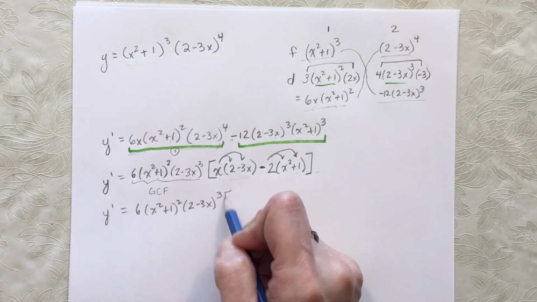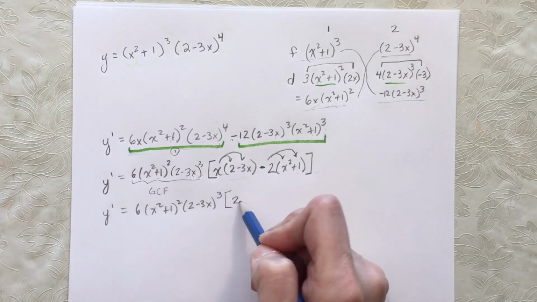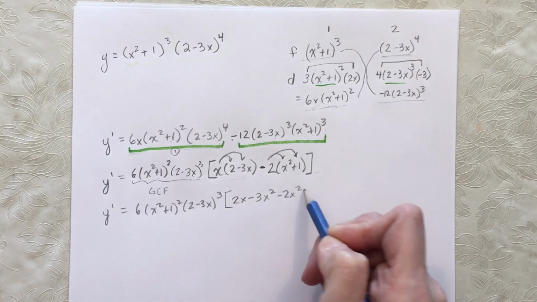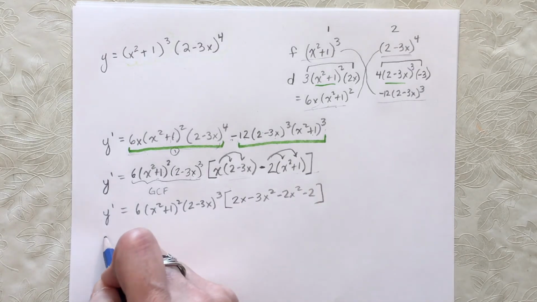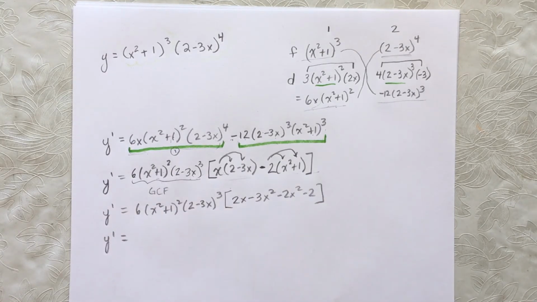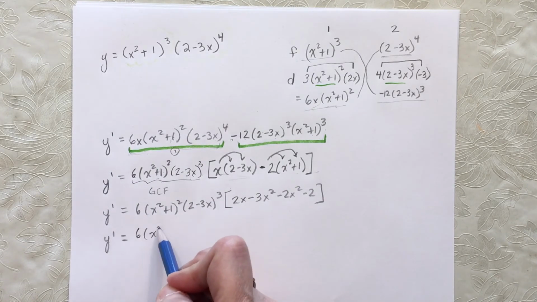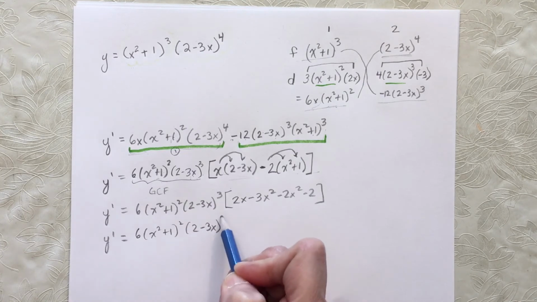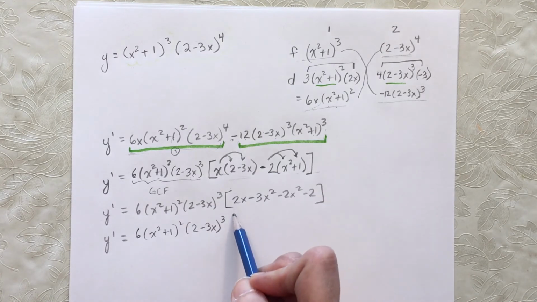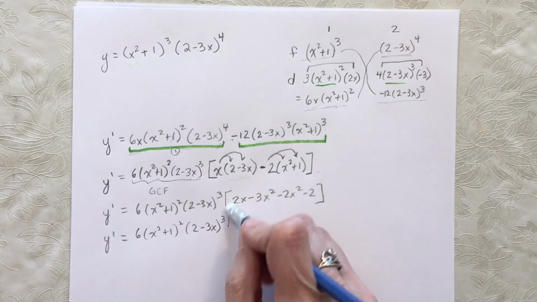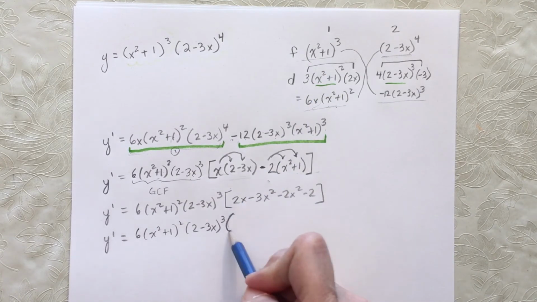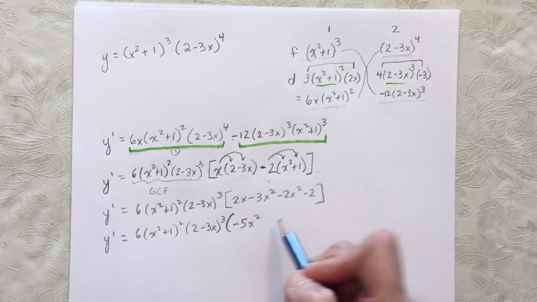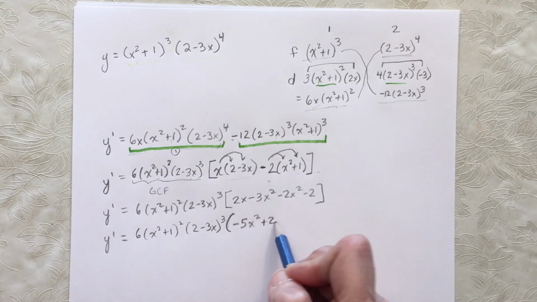Okay, so if I do that inside here, x times 2 is 2x minus 3x squared minus 2x squared minus 2. And then inside these brackets, negative 3x squared minus 2x squared is negative 5x squared plus 2x minus 2.